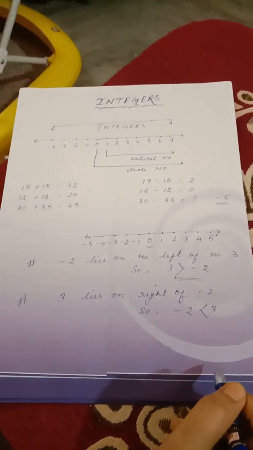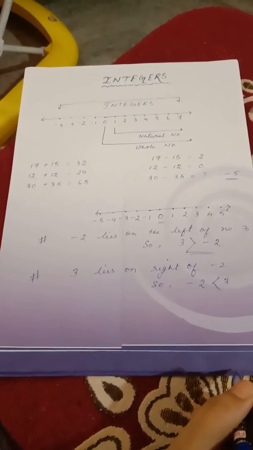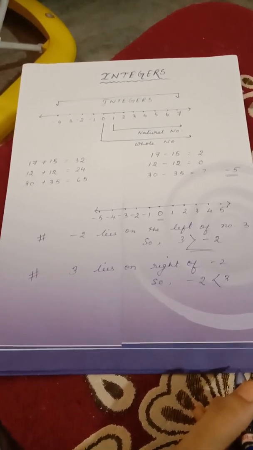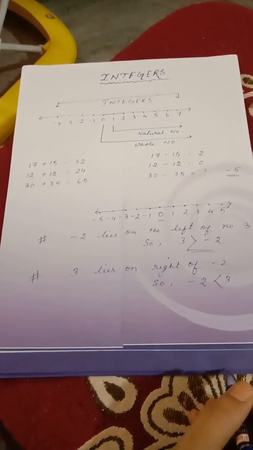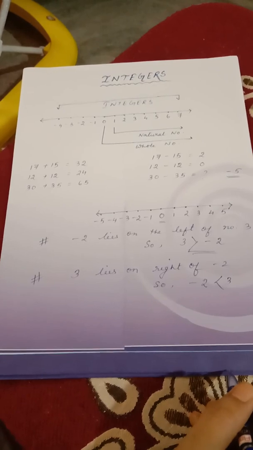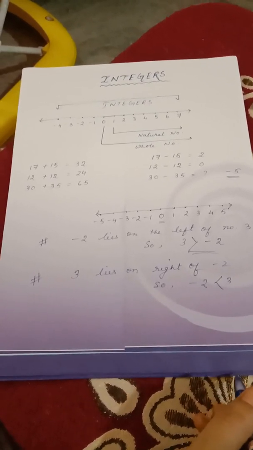Now we will discuss how we can calculate the absolute value of an integer. The absolute value of an integer is its numerical value only, whatever sign will be there.